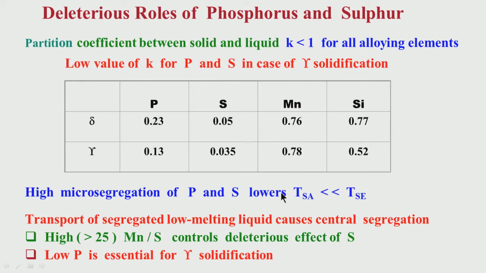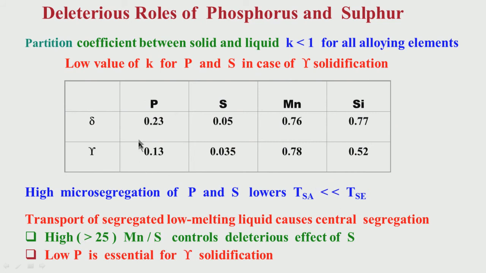Microsegregation of phosphorus and sulfur causes a very high level of partition, because the K values are relatively low when solidification takes place through the austenitic mode.